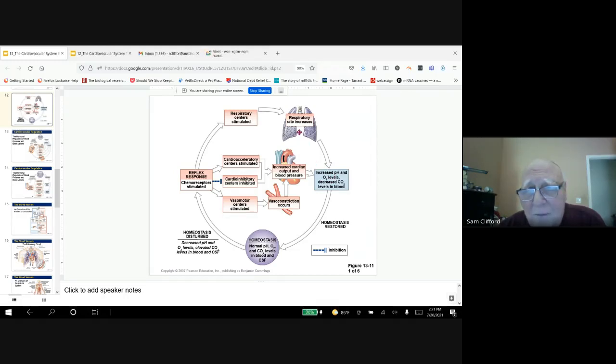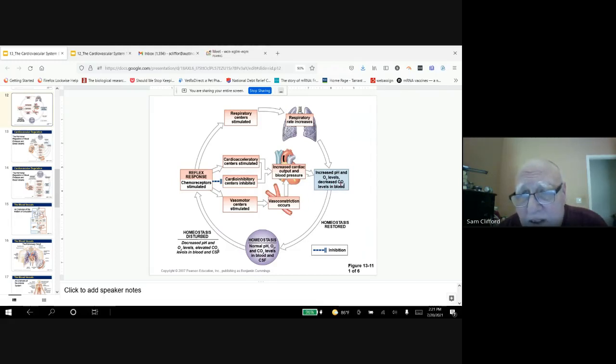So for the blood vessels in the lungs, if you have increased breathing rates, that's going to reduce the amount of CO2 in the blood. It's going to increase oxygen levels. And then you're going to have a return to normal levels.